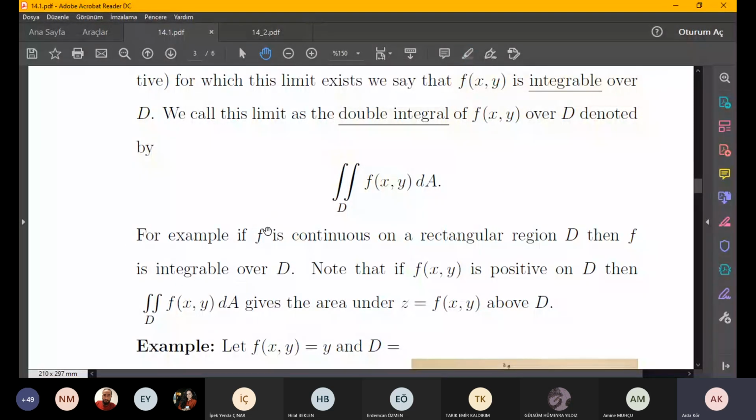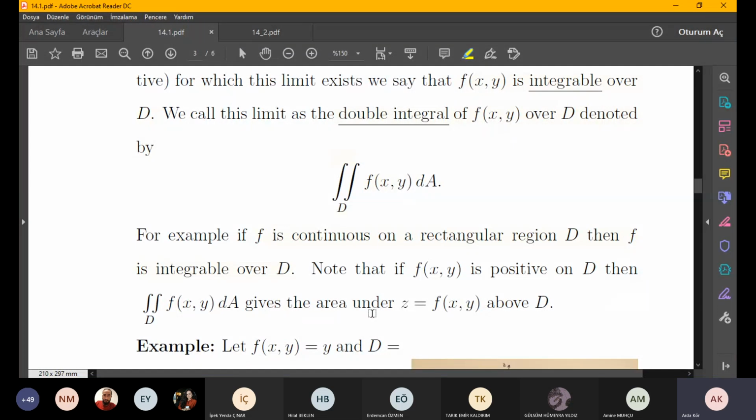So as an example, if we take f as a continuous function on the regular region D on the xy plane, then f is integrable over D. So if f is continuous on that region, then we can directly say that the limit of the Riemann sum exists, which means f is integrable over that domain.